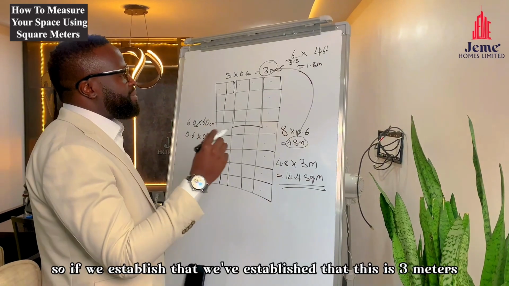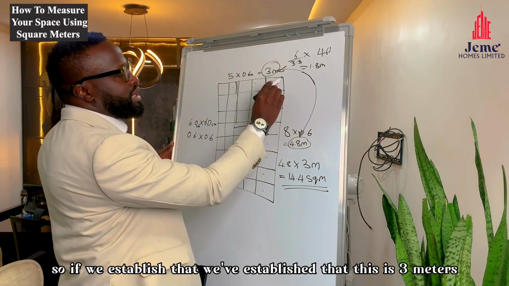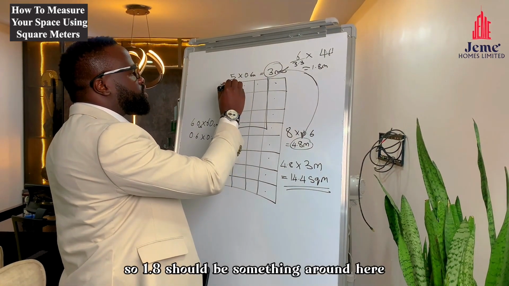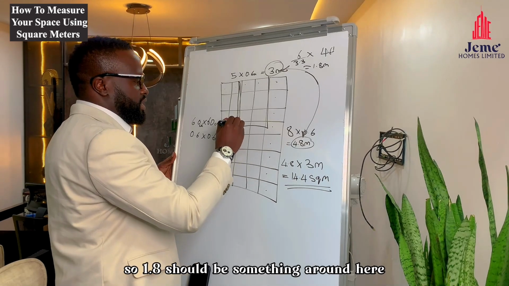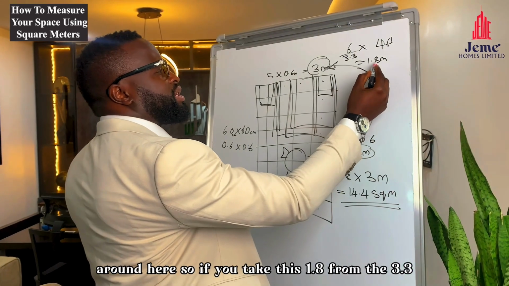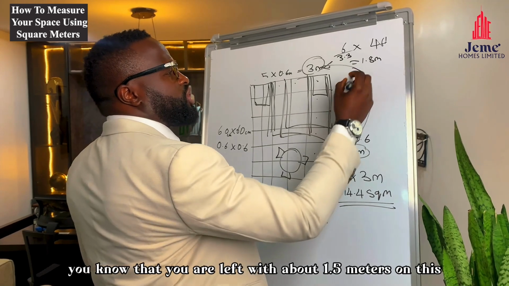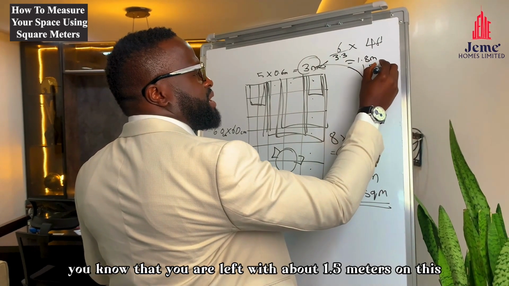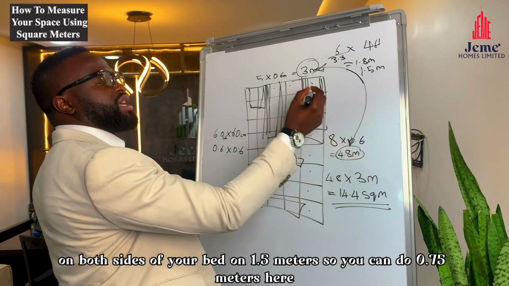So we've established that this is 3 meters, and 1.8 should be something around here. If you take this 1.8 from the 3, you know that you are left with about 1.5 meters. So you can do 0.75 meters on both sides of your bed.